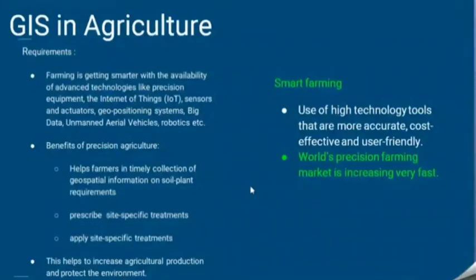Benefits of precision agriculture: it helps the farmers to timely collect the geospatial information on the soil and plant requirements, so it can do a site specific treatment, and helps our farmers to do a corrective action. So in turn it helps in increasing the agriculture production and protect the environment also.